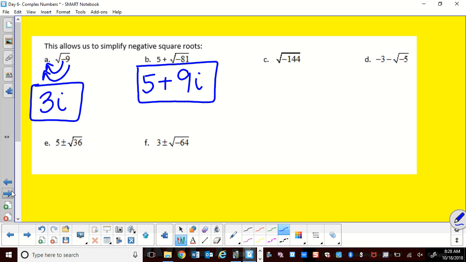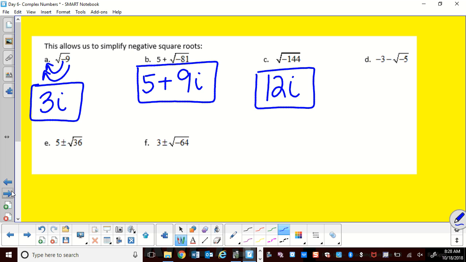So for letter C, Jacob, what do we have here? The square root of -144. 12 what? Yep, 12 would be for the 144, that's the square root. The i would be for the negative. So on letter D, even if we don't have a perfect square, we still have to take that negative out.